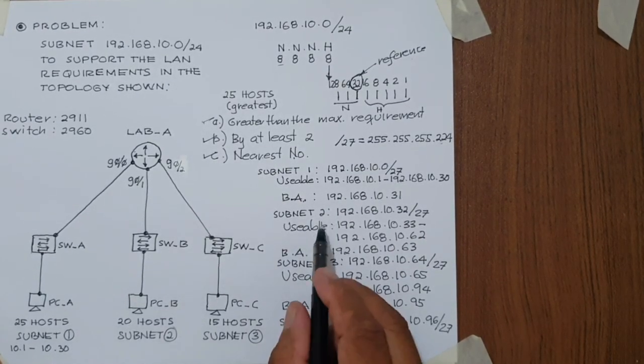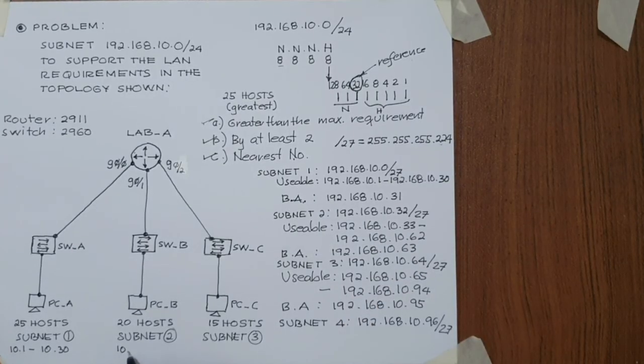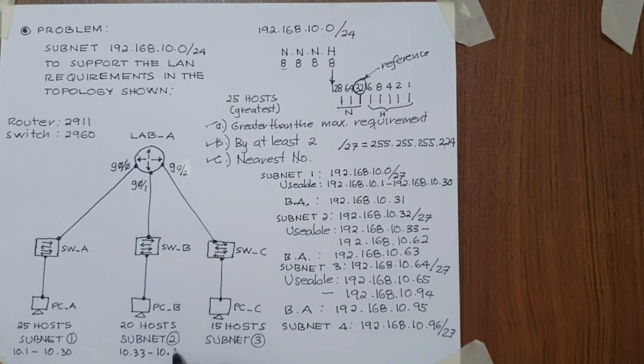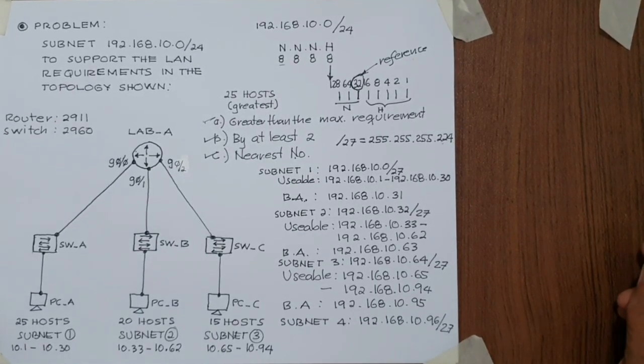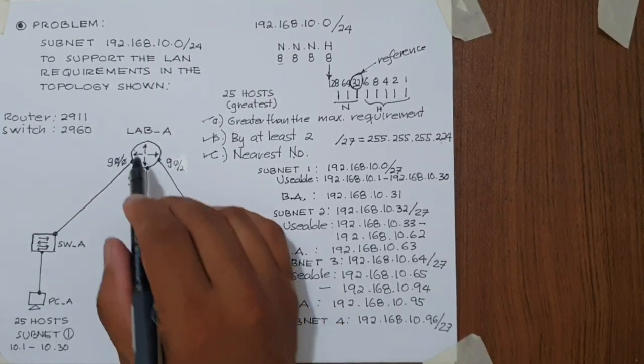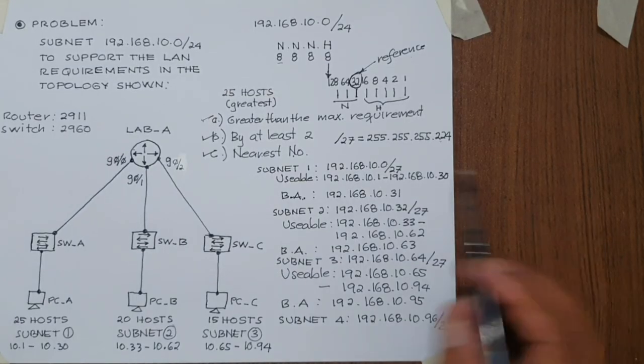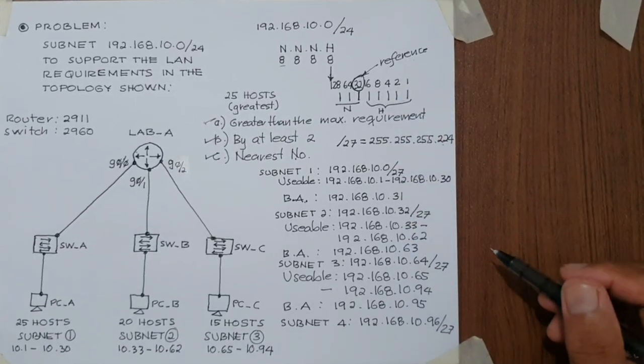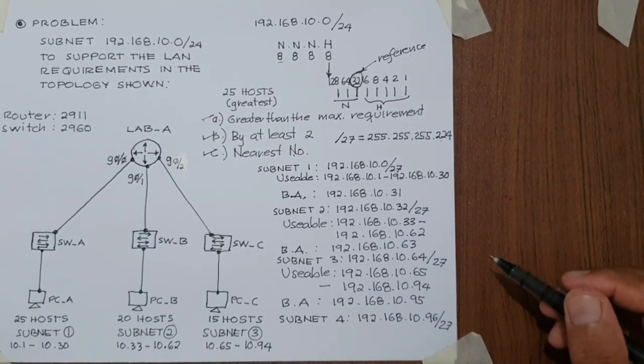Here the usable for subnet 2, 10.33 to 10.62. Usable for subnet 3, 10.65 to 10.94. Then, we are now ready to configure the computers and the router, and let's see if this will work out, if the subnetting procedure we use is valid.